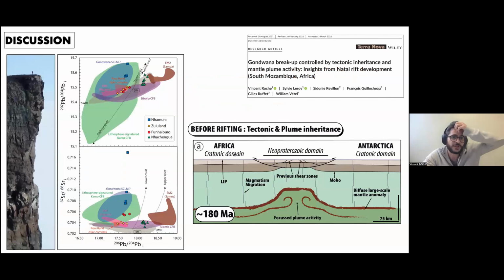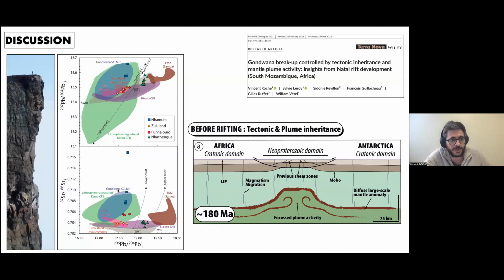So if I show you now these pictures, this is probably what happened at 180 million years. This is our interpretation. You have Africa and Antarctica. In between, there is the Neoproterozoic domain here, so there is probably some structural inheritance. And then you start to focus the activity of the plume just below this area, close to the Natal Valley.